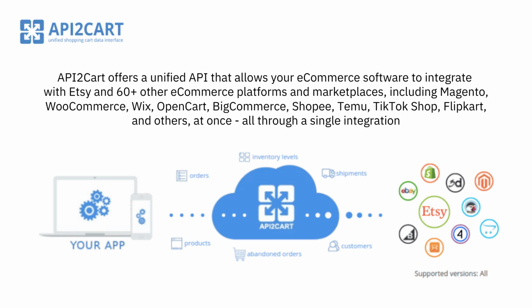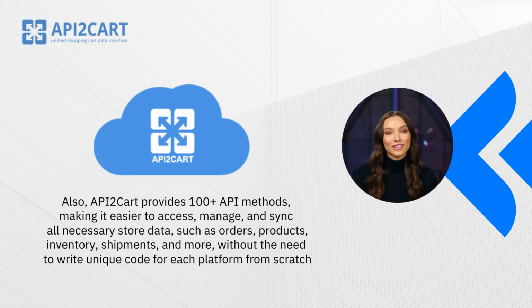Also, API2Cart provides 100+ API methods, making it easier to access, manage, and sync all necessary store data, such as orders, products, inventory, shipments, and more, without the need to write unique code for each platform from scratch.